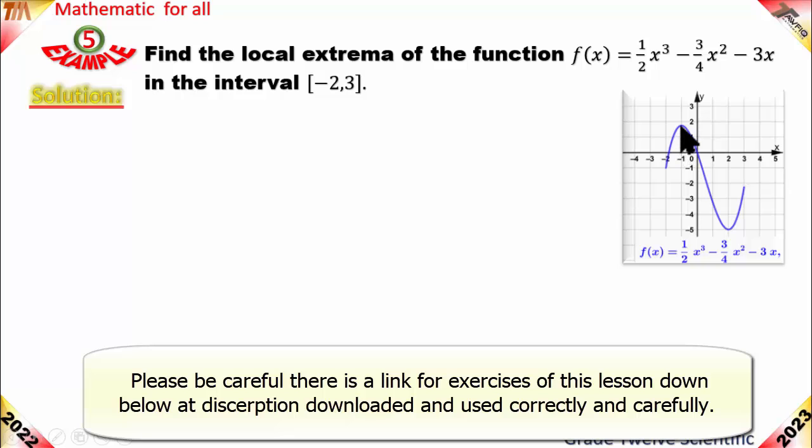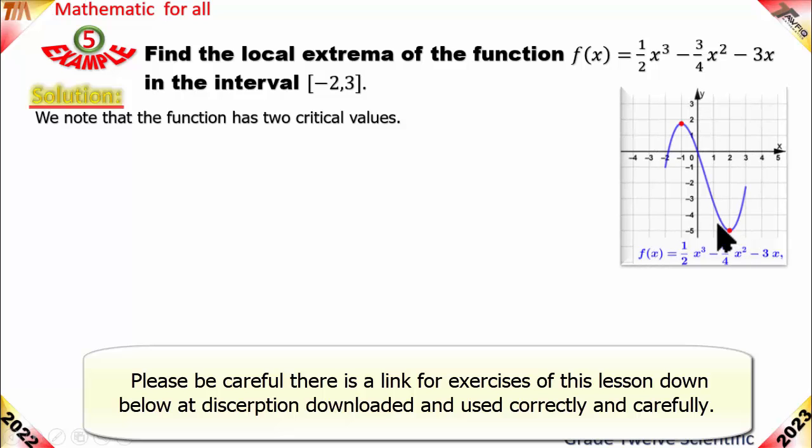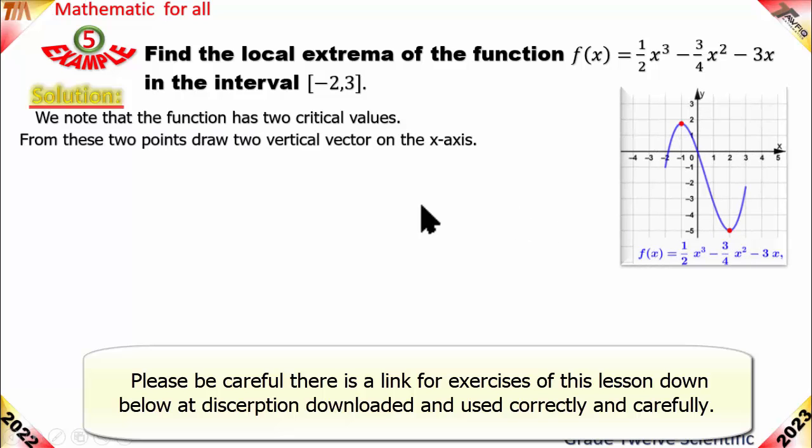One of them is a maximum and the other one is a minimum. If we draw two vertical lines from these two points to the x-axis, you can see x is minus 1 here and x is 2 here.